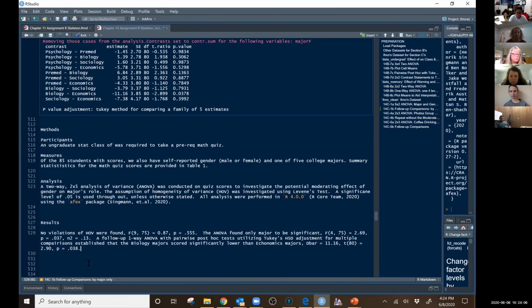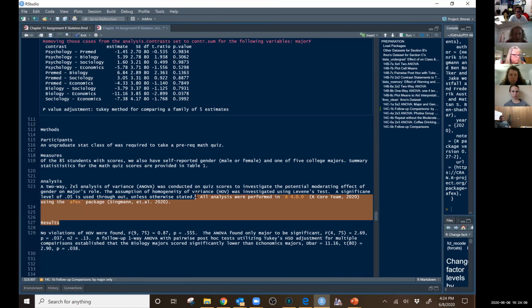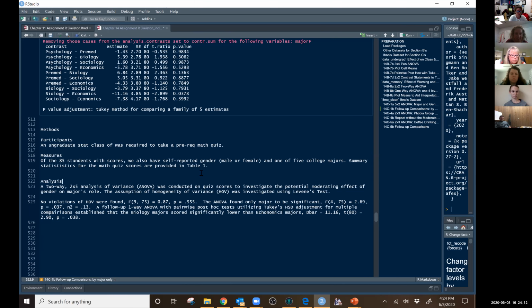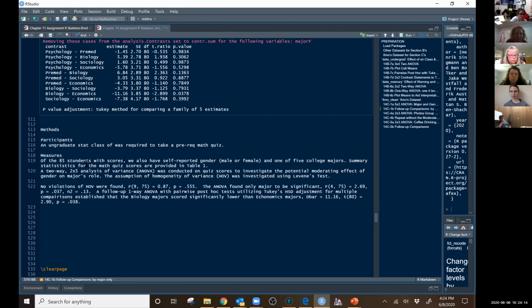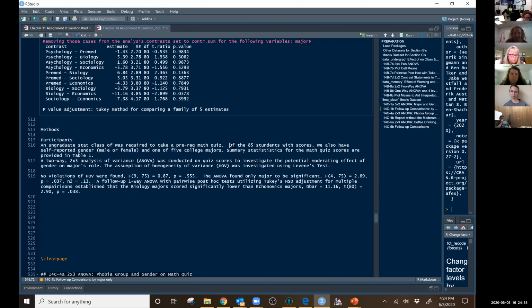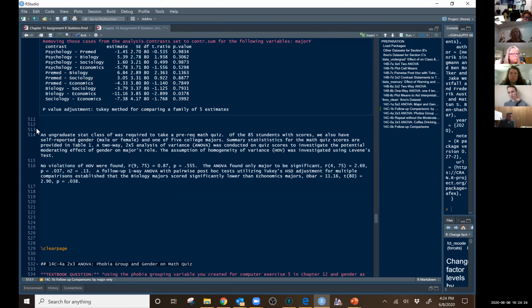So this is how I would write it up for a journal, but for class it doesn't look as bad if you do it like that, and even if you want to make it one paragraph. Who are your participants? What did you measure on them? Why did you do it?